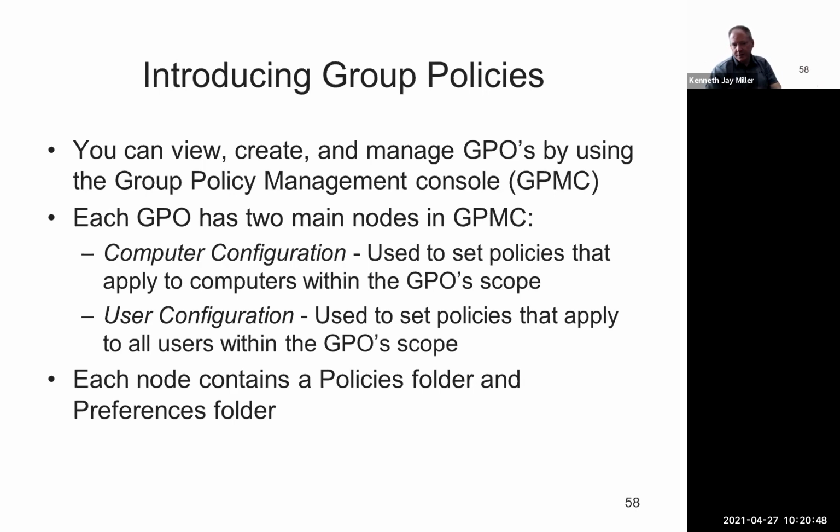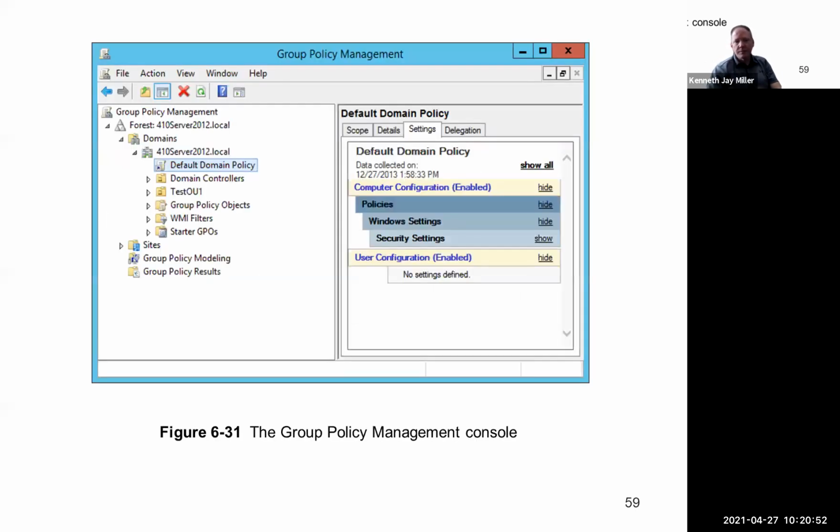Now each node contains a policy folder and preferences folder. So when we go into the group policy, we can click on the default domain and it will show us the policy. If we right click edit, it will go into the group policy editor. And that's where we make changes. So this is where we changed the ability to use our non-complex password, right?